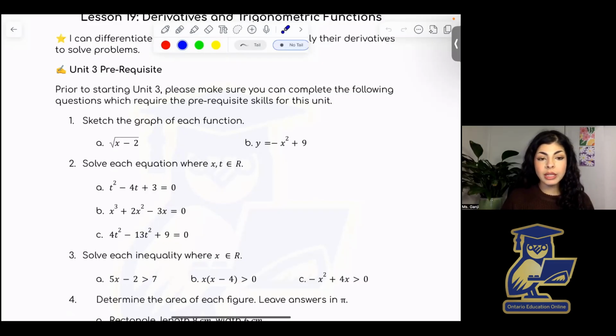Here I've included the square root function as well as a quadratic function, but please familiarize yourself with the exponential, logarithmic, and trigonometric functions as parent functions, because these have already been covered in previous courses. Now we're just getting extensions of those and making connections to derivatives, so we're not actually learning how to sketch those. We should have a basic knowledge there.